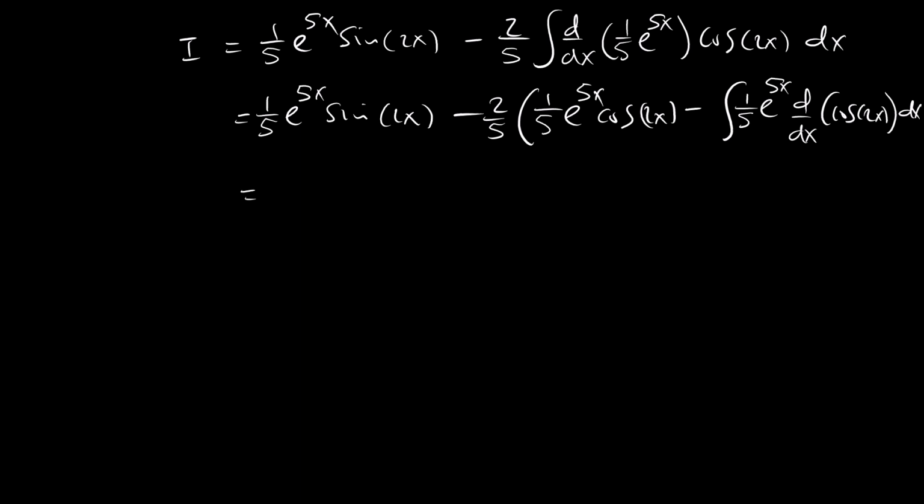So this means that we have 1 over 5 e to the power 5x sine of 2x and then we have 2 over 25 e to the power 5x cosine of 2x. And then this and that interact, so we have a plus.